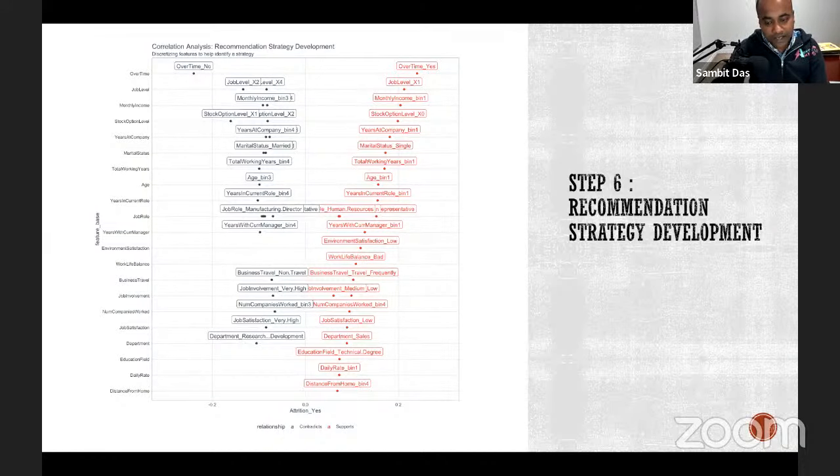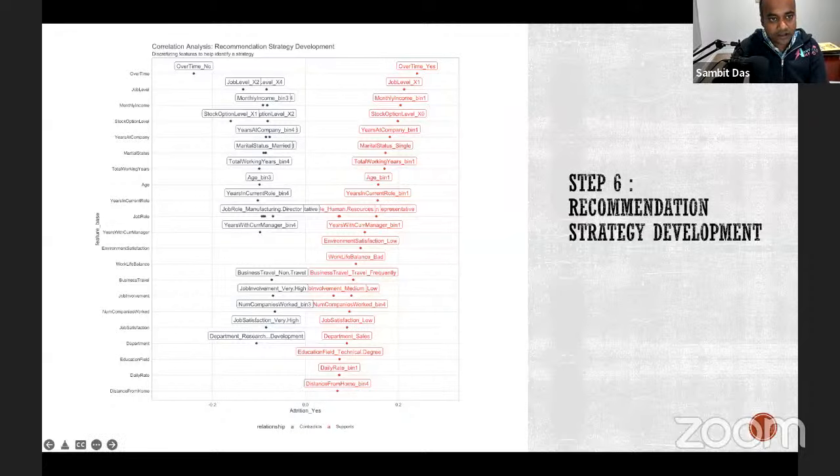So in that case, we would like to understand which factors are supporting attrition and which factors are contradicting or working against attrition. And that is important, because if we know which variable or which factor can help reduce attrition, then we build our recommendation using that knowledge, right?